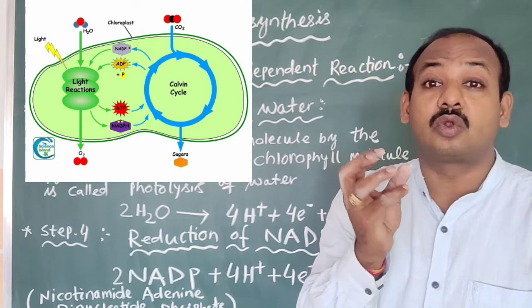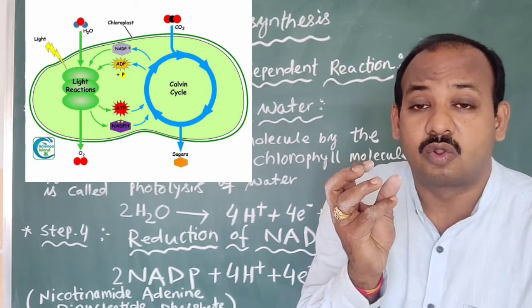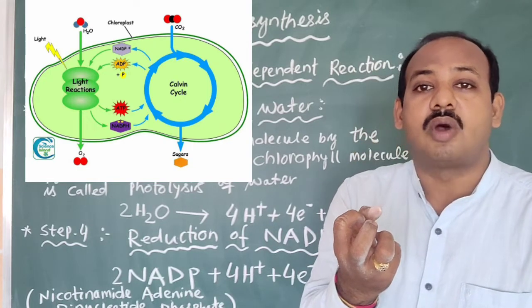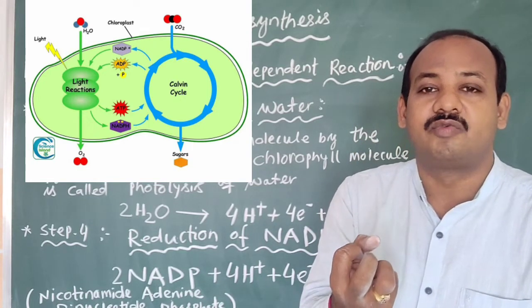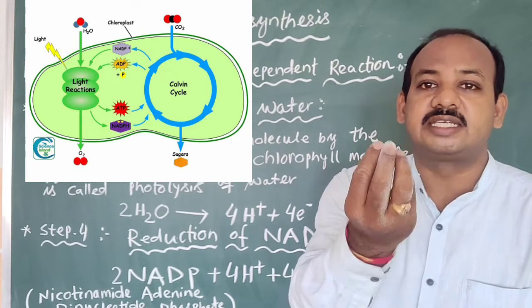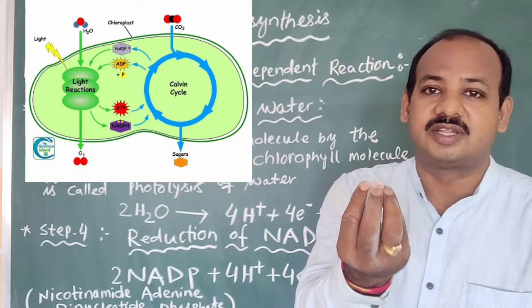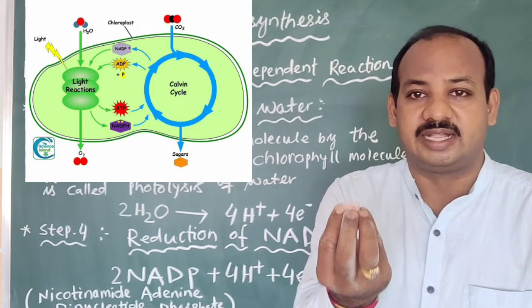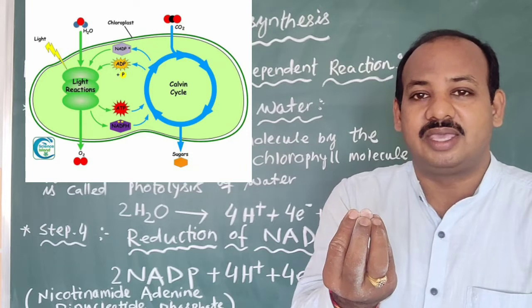How does the chlorophyll molecule get oxidized? After receiving the quanta of energy from the photons of light, the chlorophyll molecule has ejected an electron. Already in the first step I told you, the chlorophyll molecule gets excited.